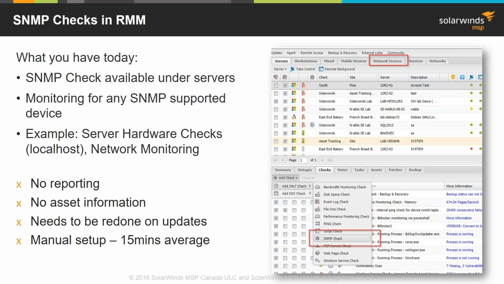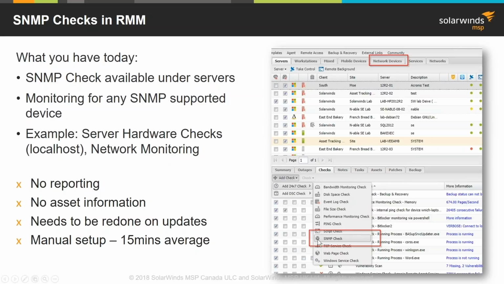The main reason is because this feature is filling a gap in monitoring for servers themselves, right? Because servers have specific pieces of applications like Dell OpenManage, HP Insight Manager, and these applications communicate their hardware information using SNMP.